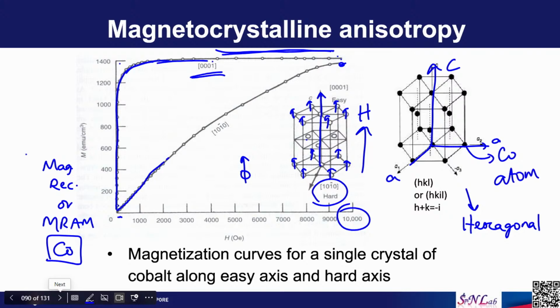As you increase the magnetic field, this is slowly coming to this direction, and after a very large magnetic field, the magnetic moment of cobalt turns towards this direction. So, it rotates slowly from this direction towards your applied field direction. Let us say I reach here. Now, all the magnetic moments are pointing in this direction.